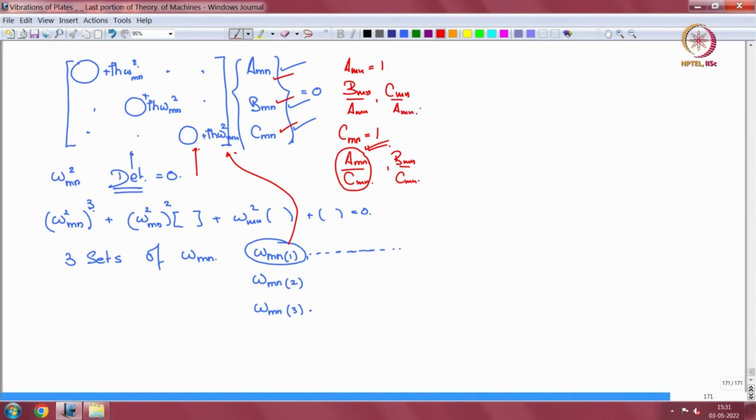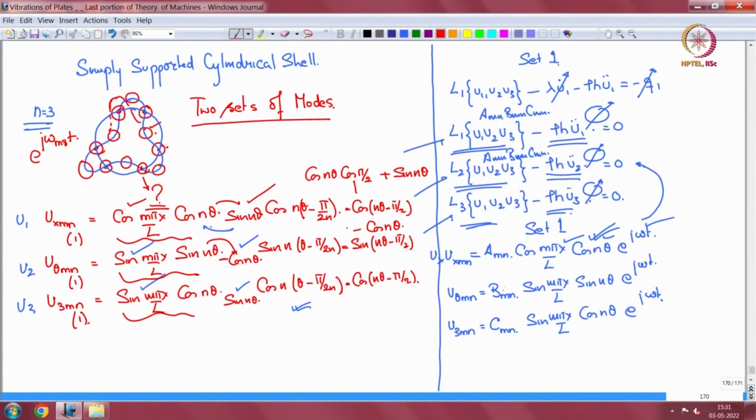Now it may turn out that AMN is of course 1, but BMN by AMN is very small, and CMN by AMN is also very small. That means AMN is a big number compared to the others. Based on this expression, these are negligible. BMN is small, this is negligible, this is negligible, this is dominant.